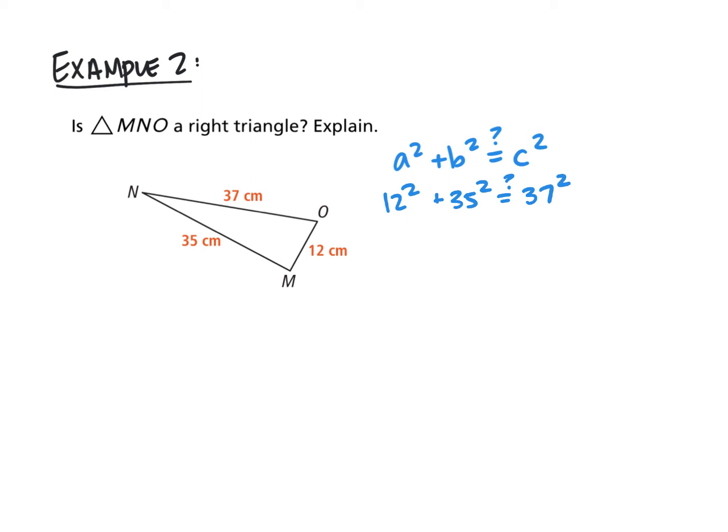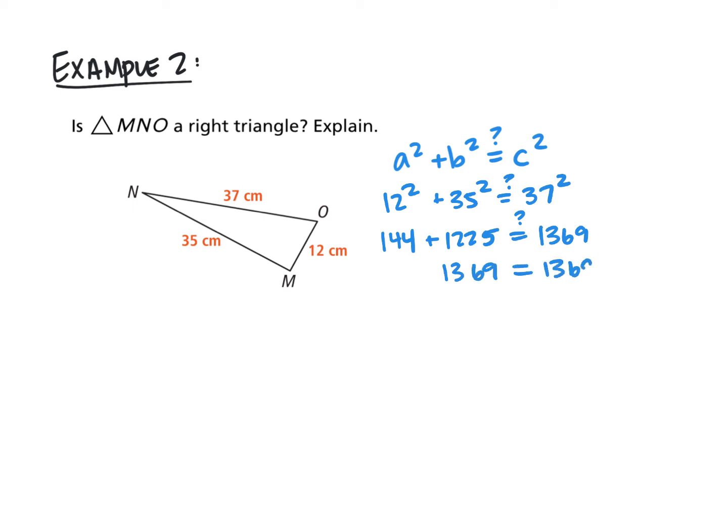Well, 12 squared is 144, 35 squared is 1,225. Does that equal 37 squared, which is 1,369? Well, 1,225 plus 144 does equal 1,369.